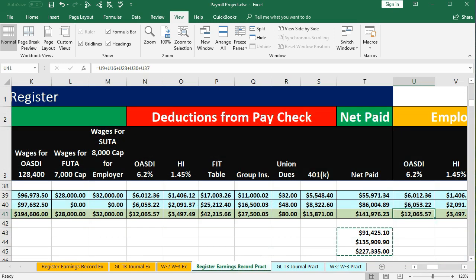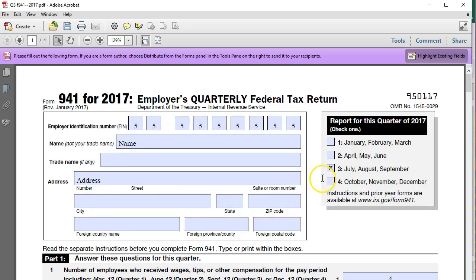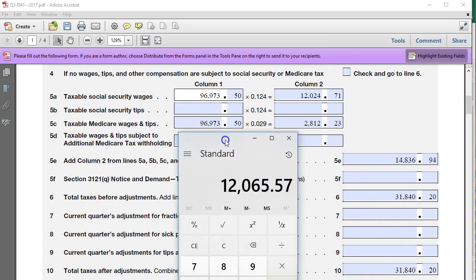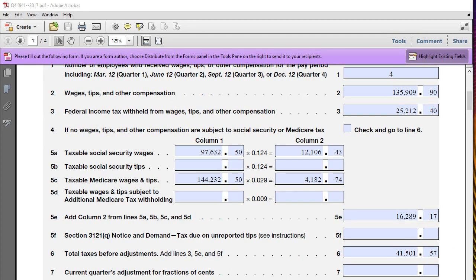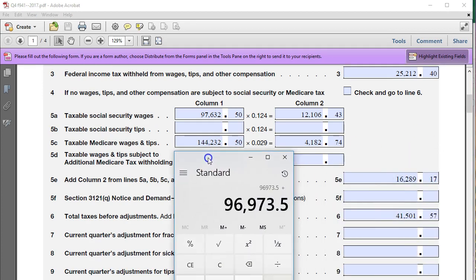So then we'll go to the Medicare. If we go to the 941s, again, 941 3rd quarter, we're looking at the Medicare here. So if we go to the Medicare wages for the 3rd quarter, 96,973.5 plus, and then we're going to go to the 4th quarter here. So this is the Medicare wages. So we're saying 144,232.5, 241,206.